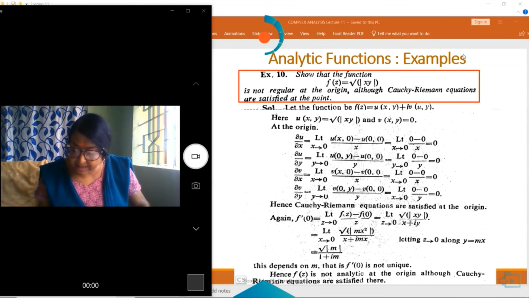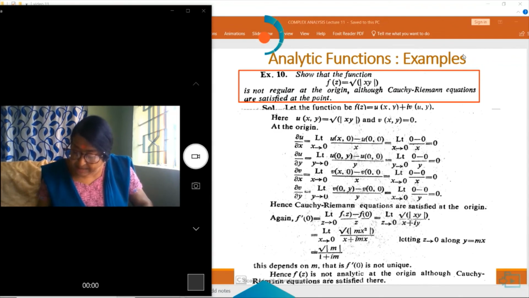Now again f'(0) when z equal to 0, replacing y equal to mx and substituting the value, we see that the value depends upon m. So for different values of m, we will get different f'(0).